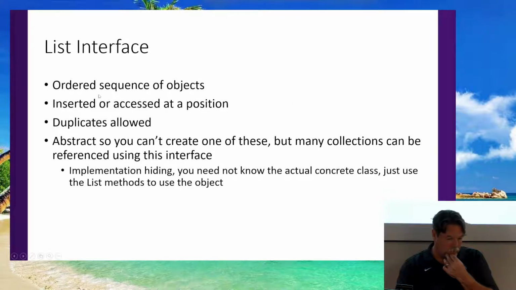So a list, a lot of this is just facts that you have to remember. I hate to just throw out dry facts like this with no application, but a list is an ordered sequence of objects. You can insert them.